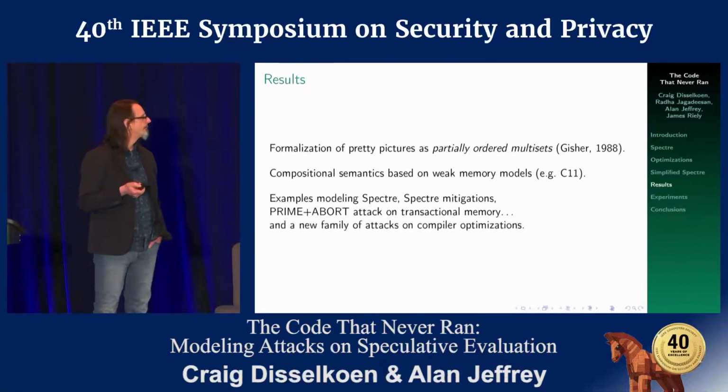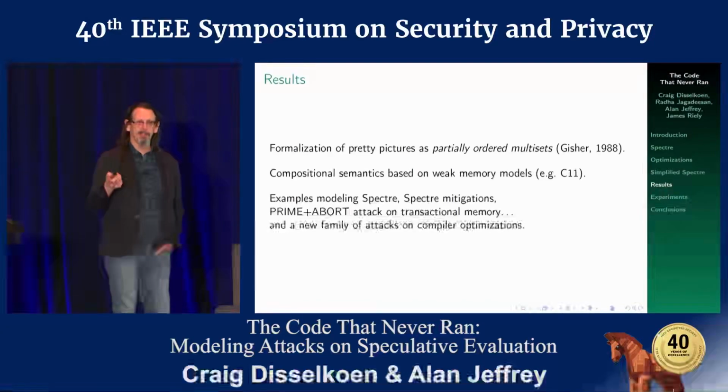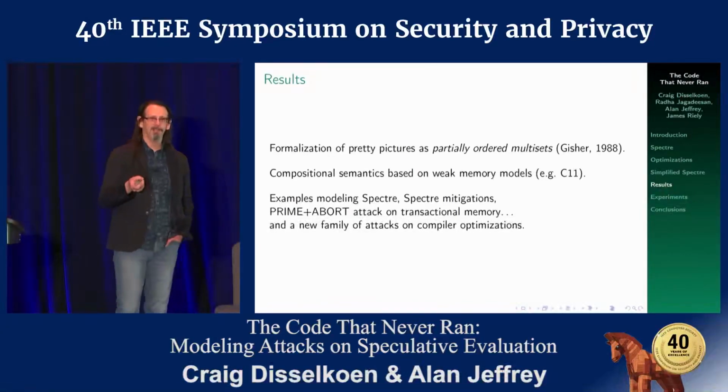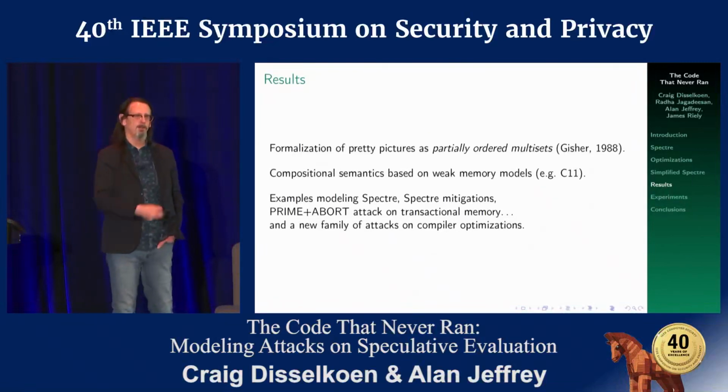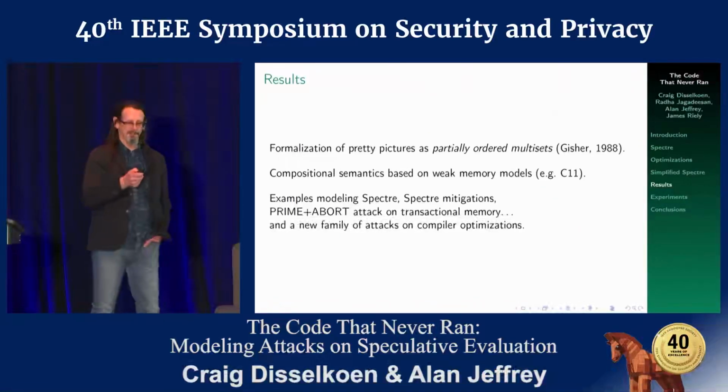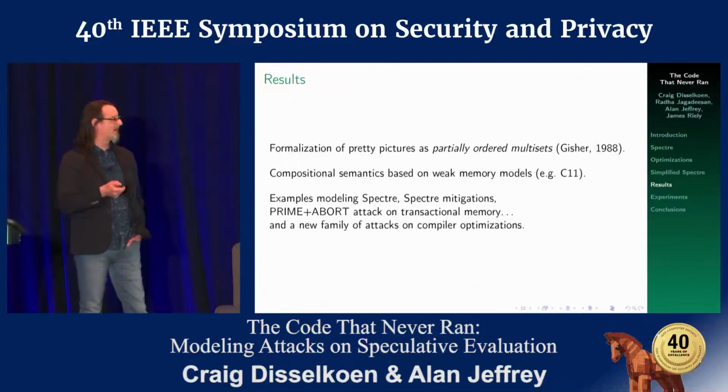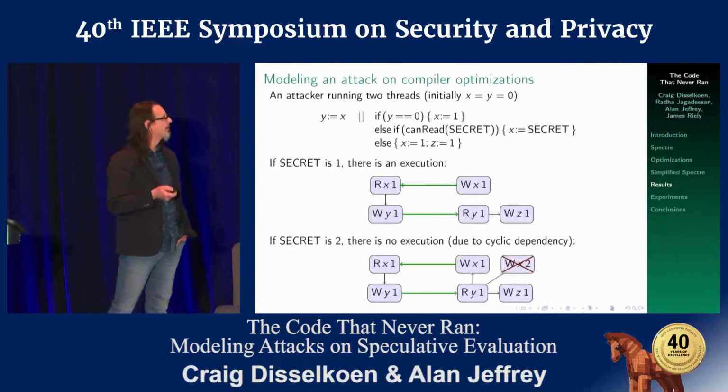transactional memory. One thing that was funny about this is that during this work, we realized that the model has some odd information flow properties that are just about the compiler optimizations, not the hardware optimizations.